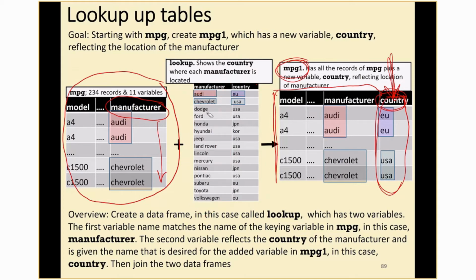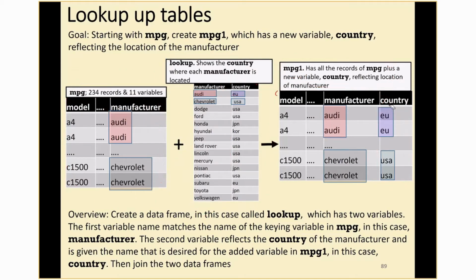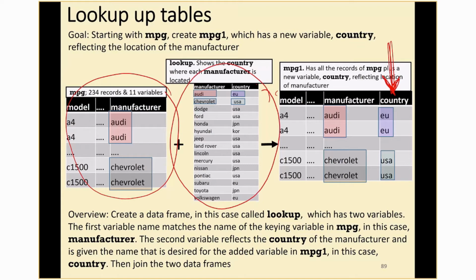So the whole idea of a lookup table in Excel, or as we're going to see it in R, is we start off with this data frame, and I want to add this new variable which shows for each manufacturer where its head office is located, and that's going to be done based on the information in what's known as a lookup table shown here. So that's just an overview of what we're going to do.